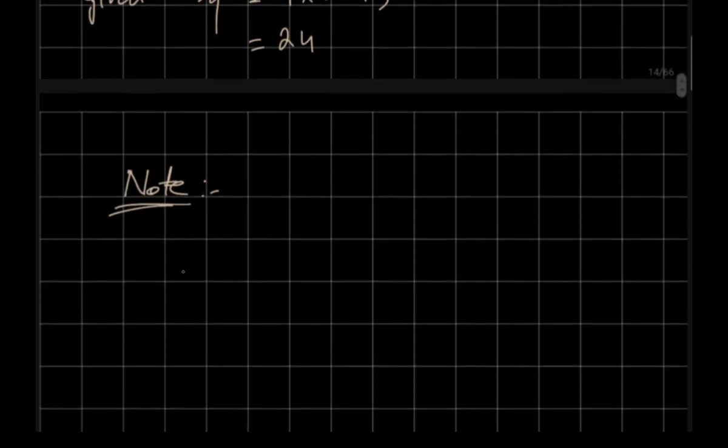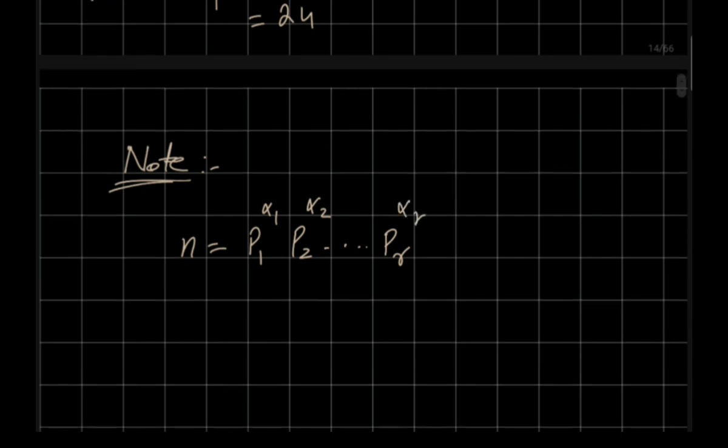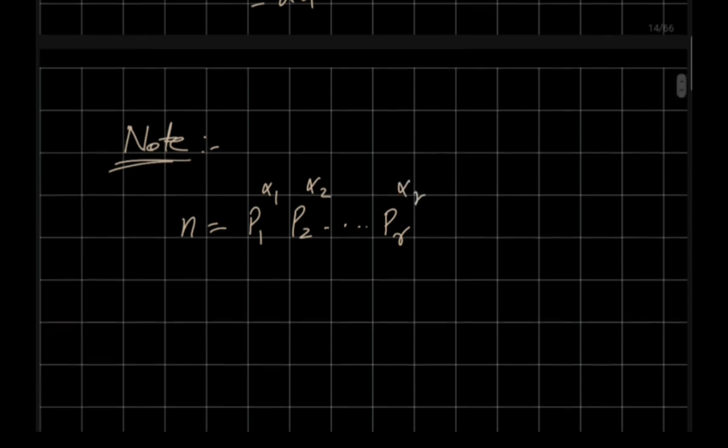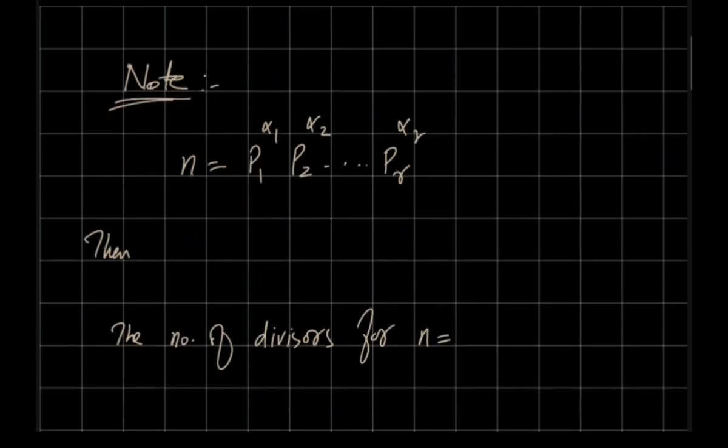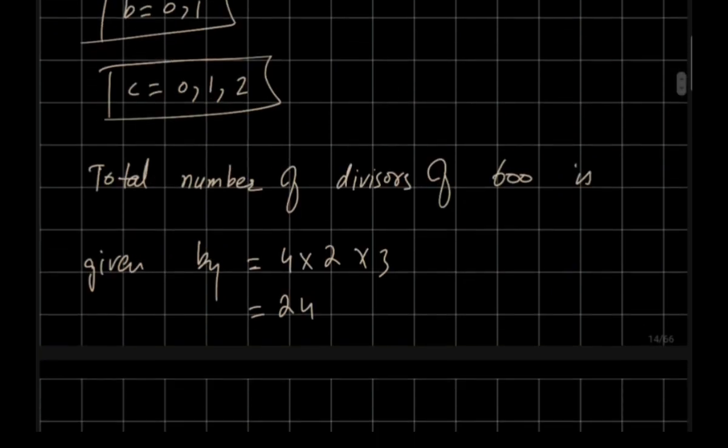If you have a number n whose prime factorization is p1 to the alpha 1, p2 to the alpha 2, up to and so on pr to the alpha r, then the total number of divisors for that n is the same as what we have done in the previous example.